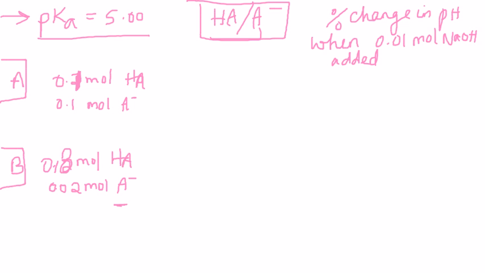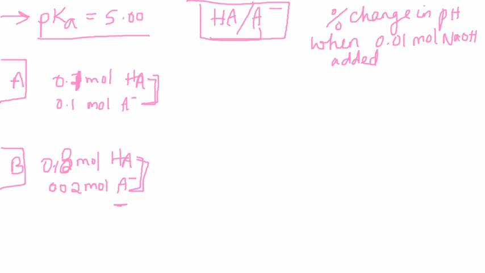So understand, in one case I have equal amounts of the acid and the conjugate base, and in the other I do not have those equal. And so the question is, which one will be a better buffer, or how do we go about it? How do we tell that?